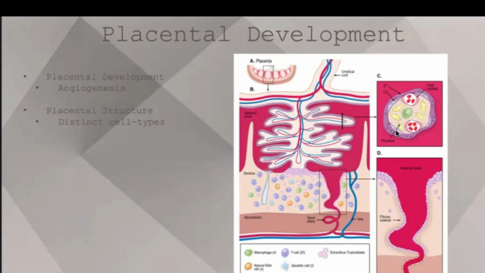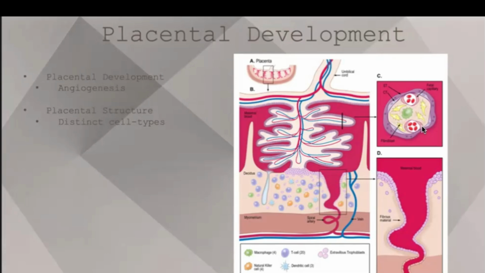But nevertheless, the fetal blood vessels come into indirect contact, with a very thin layer between these cell types. So here are the fetal placental blood vessels, and they are lined by these endothelial cells.